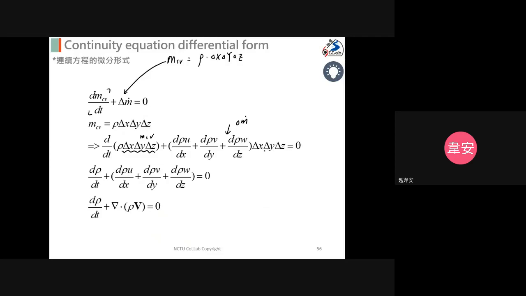So here we can easily cancel out the total volume of the cube. The first item only has a density change with time, and there is the divergence of the density multiplied by the velocity field. So this is a dot product in the rho v vector. This is our final general formula for the continuity equation in the differential form.